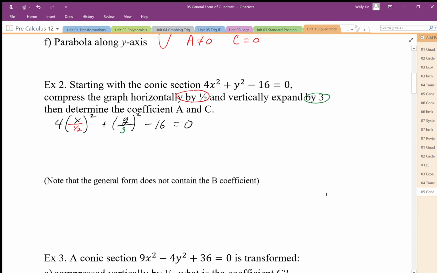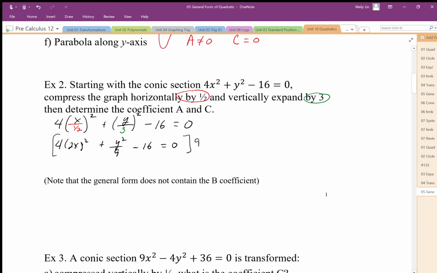So I just have to simplify this and we can figure out our coefficients. So this is going to look like this. It's going to be 4 times 2x squared plus y squared over 9 minus 16 equals 0. The coefficients are implied to be whole numbers, so we need to expand this and multiply through by 9.